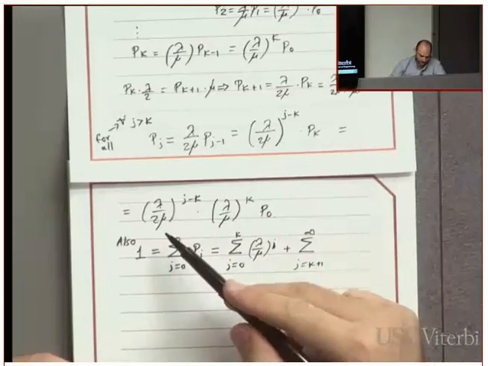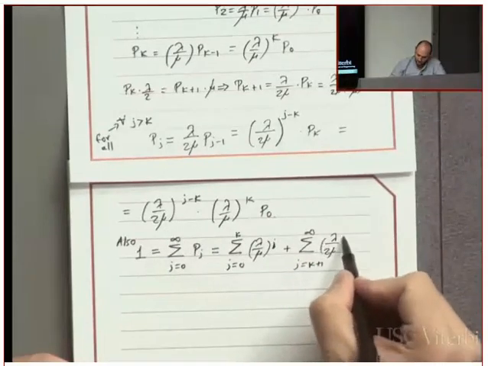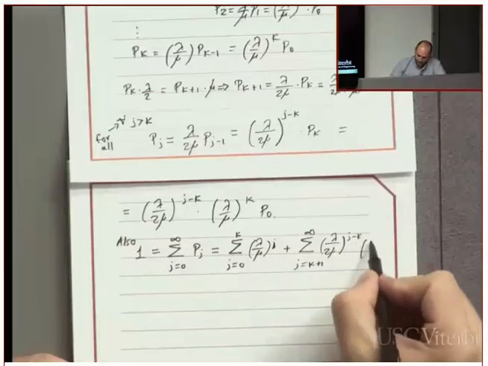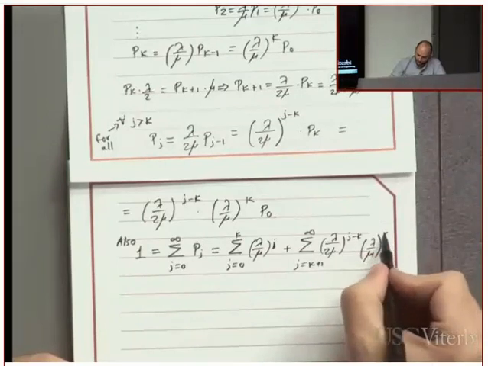This is the formula, right? Lambda over 2 mu to the power of j minus k, times lambda over mu to the power of k.